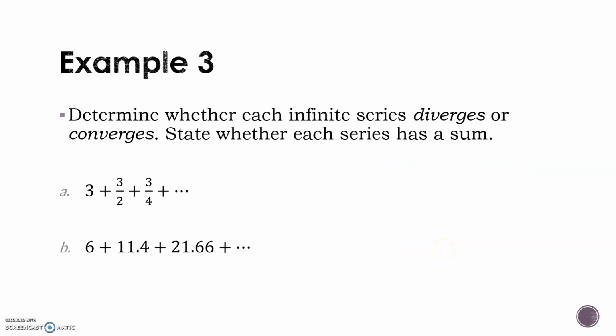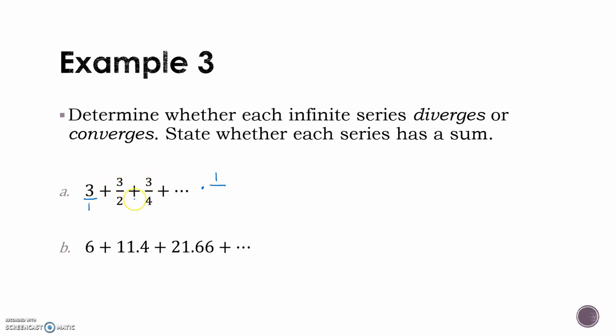So determine whether each series diverges or converges, and then state whether each series has a sum. So I'm looking at these and saying, okay, what's my common ratio? What am I multiplying by each time? And if I think about this as 3 over 1, I can see a pattern here. I'm not changing my numerator at all. So thinking in terms of multiplication, I'm going to say that I'm multiplying by 1 over something. If I multiply 3 times 1, I get 3.